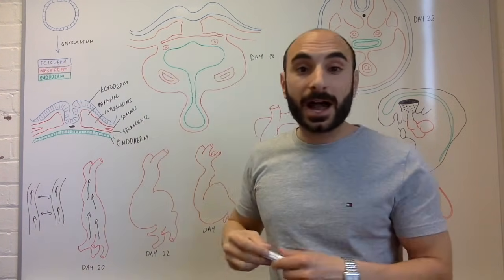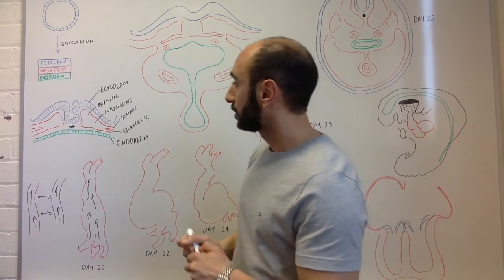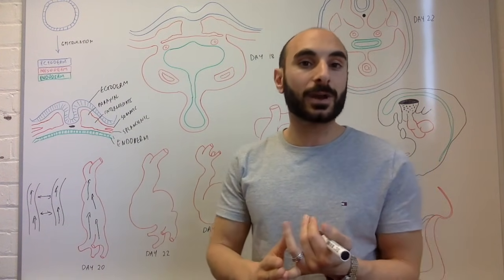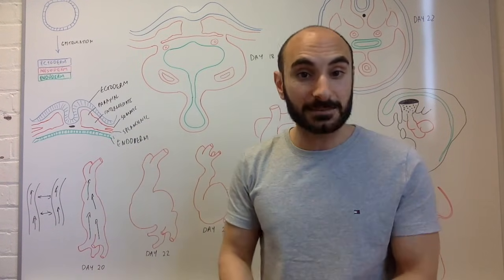Now the heart is derived from the splanchnic lateral plate, so the splanchnic mesoderm. So the first thing that you should know is, where is the heart derived from? From the mesoderm, from the lateral plates, from the splanchnic mesoderm.